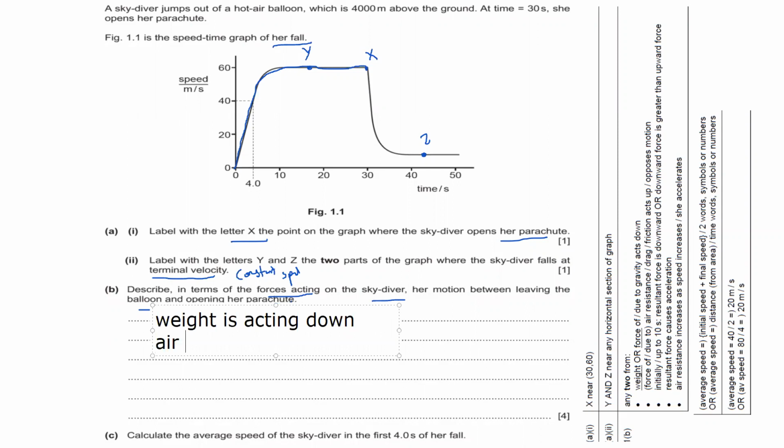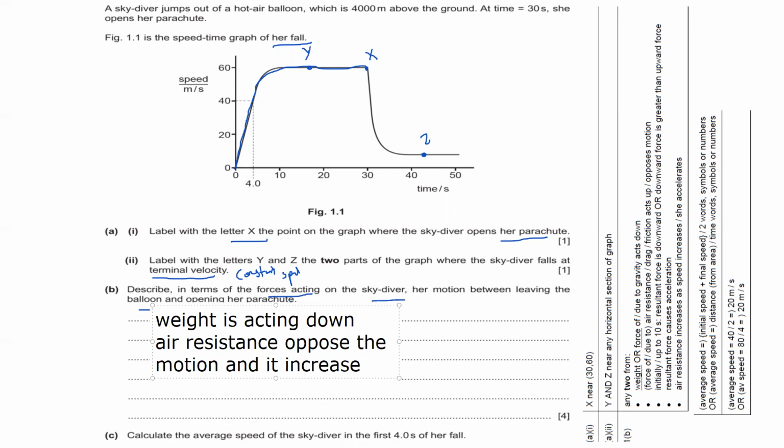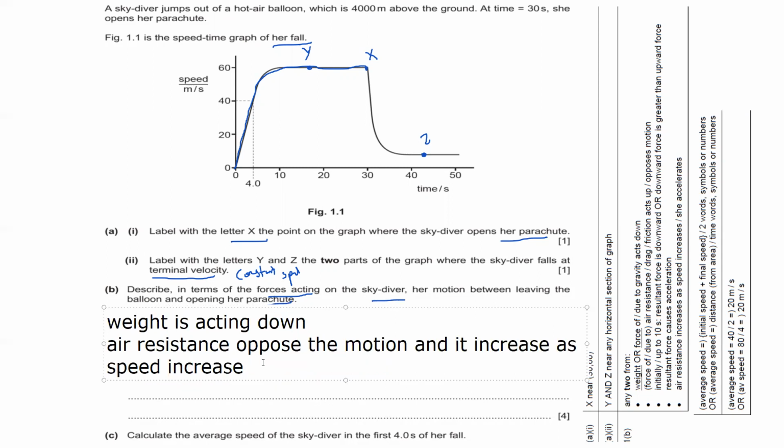Then the second one, air resistance opposes the motion, and it increases as the speed increases. So weight is acting down, air resistance is acting up or opposite to the motion, and it increases as the speed increases.